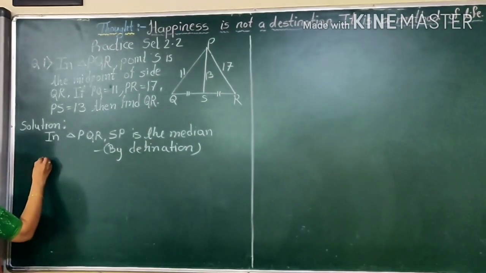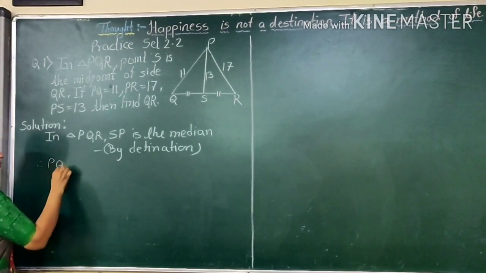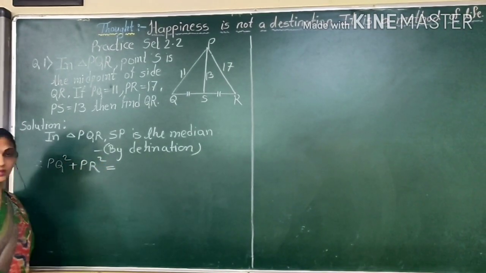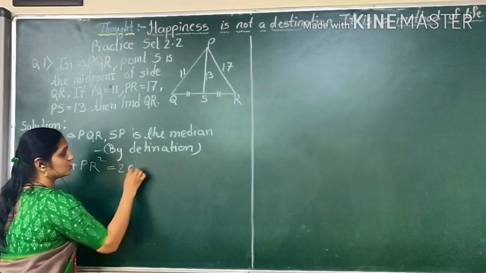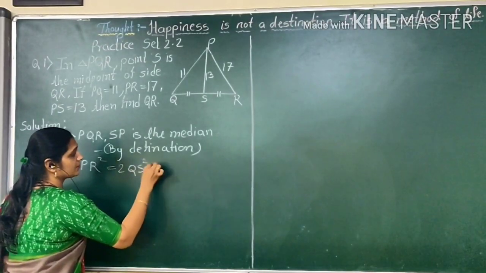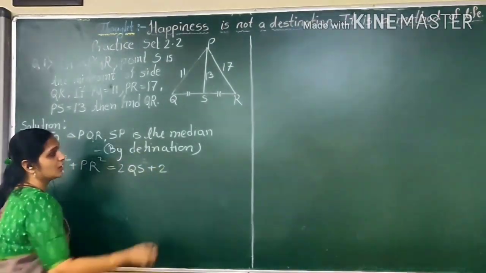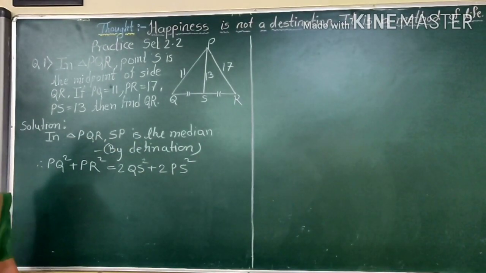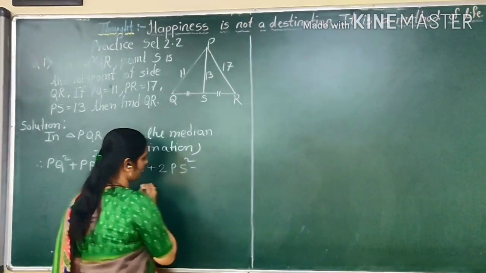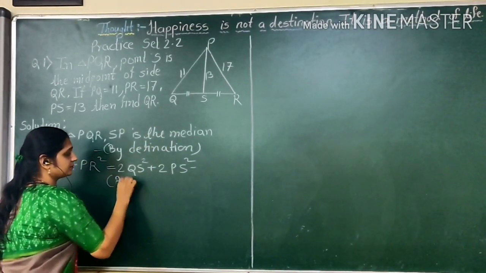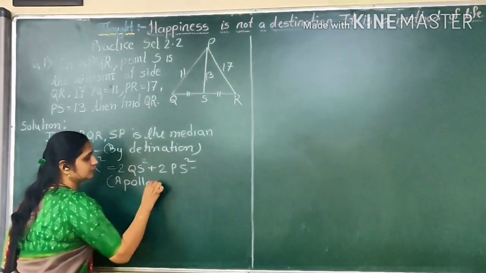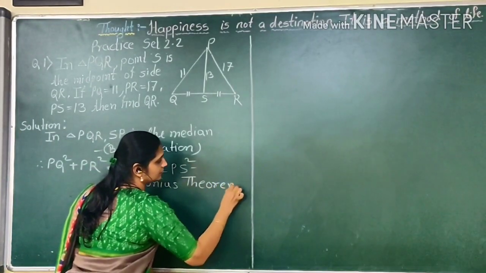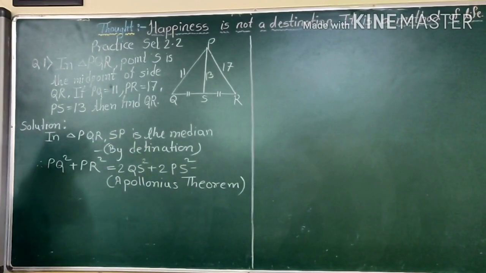Okay. So by Apollonius theorem, PQ square plus PR square is equal to twice QS square plus twice PS square. This is by Apollonius theorem.